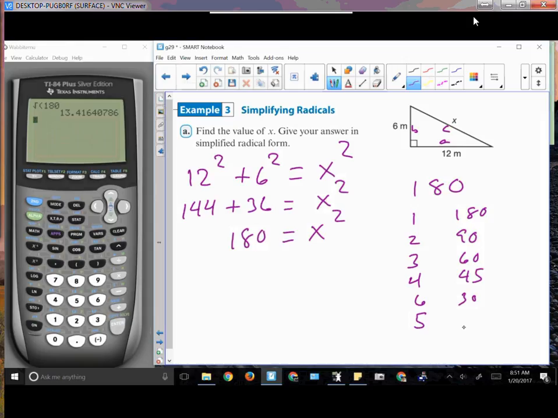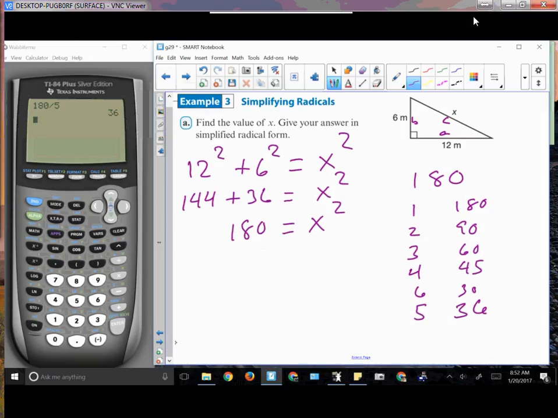This is where a calculator comes in handy. 180 divided by 5, and I end up with 36. Actually, 5 and 6 should have switched around. 180 divided by 7: do I get anything? The answer is no.